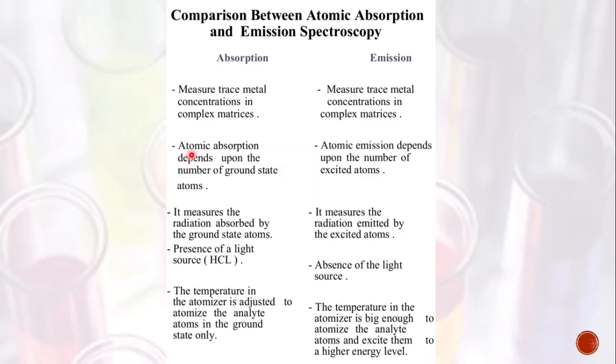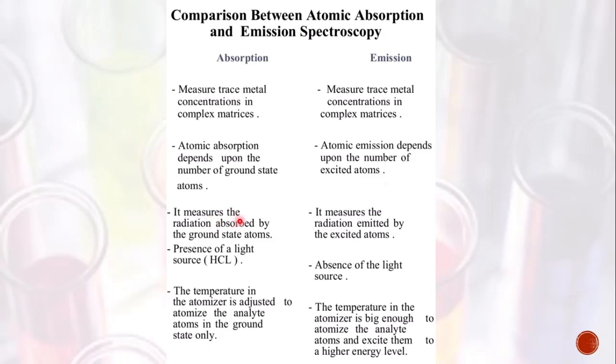In AAS, it depends upon the number of ground state atoms, but in AES, it depends upon the number of excited atoms. So here it was about ground state atoms, and then atomize them, but here we are looking at the number of excited atoms.